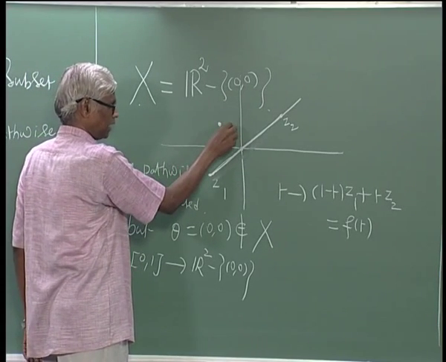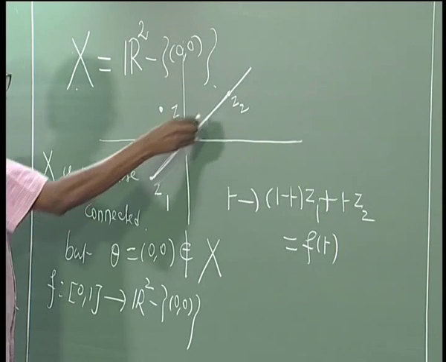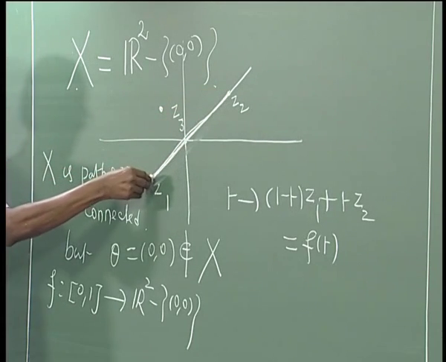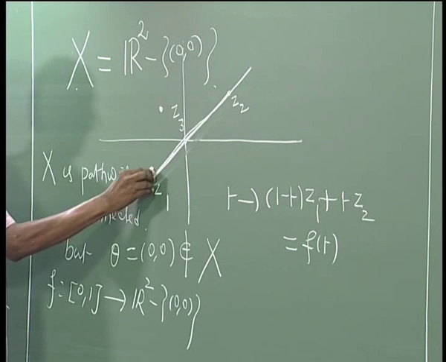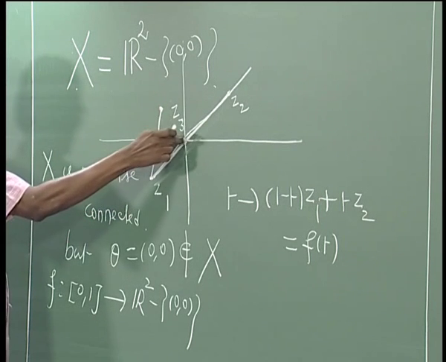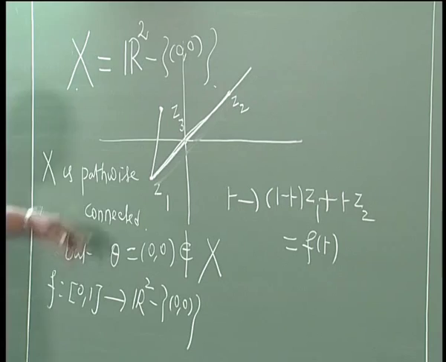So, just take any other element, say Z3, which is not on this straight line. Now, we can join Z3, not equal to origin.